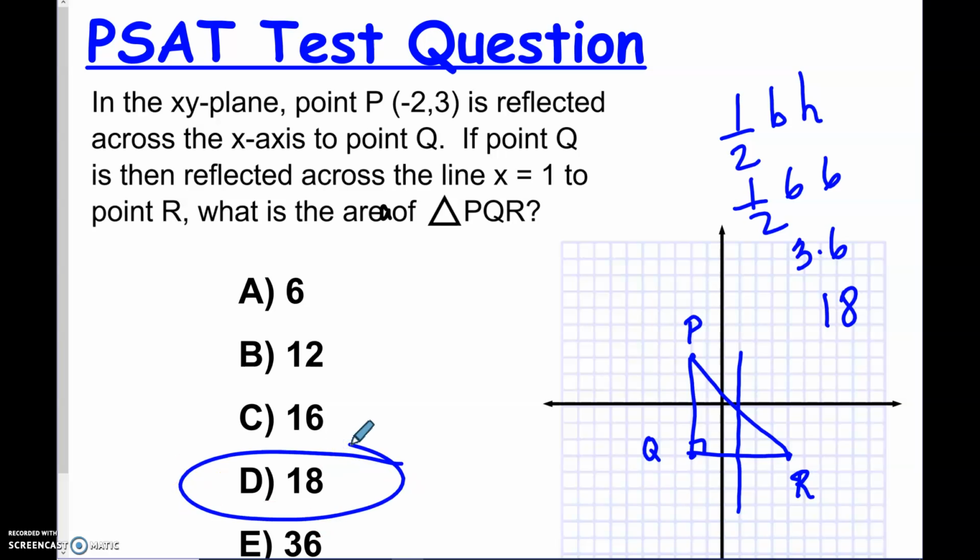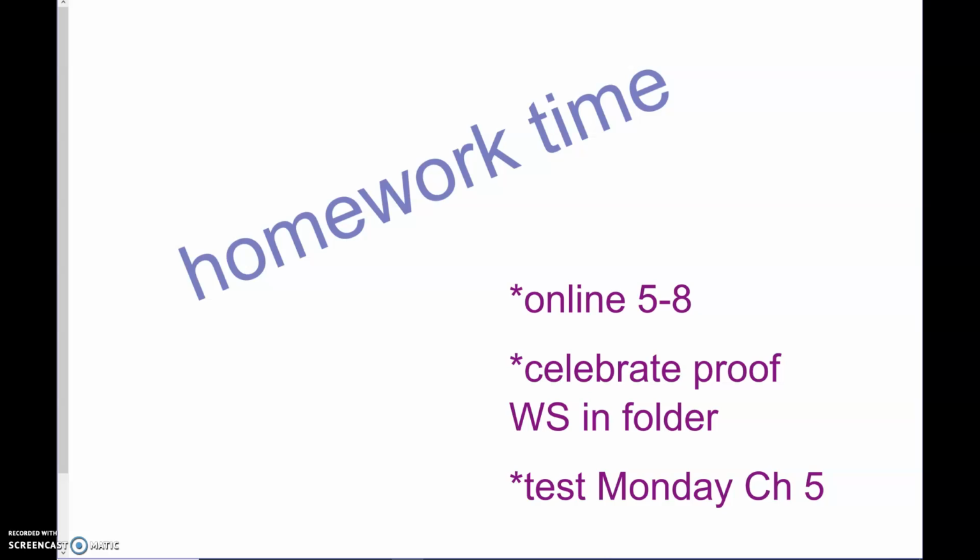All right, so we did a little bit of review on reflecting across and reviewed our triangles. That brings us to our homework time. You're going to have an online assignment on 5-8, and then there's a worksheet in your folder. You need to go ahead in today's folder and do that Celebrate Proof worksheet, because we're getting ready for your test on Monday.